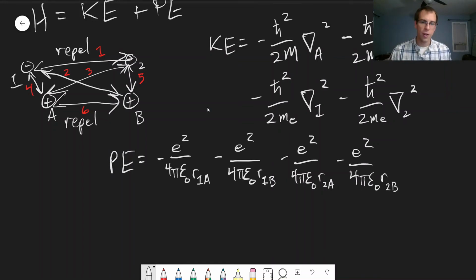Okay, so those are all of our attractive forces, and then our repulsive forces are going to be positive. And we're assuming just H2, so we only have one proton present, so there are no extra charges here, just e².